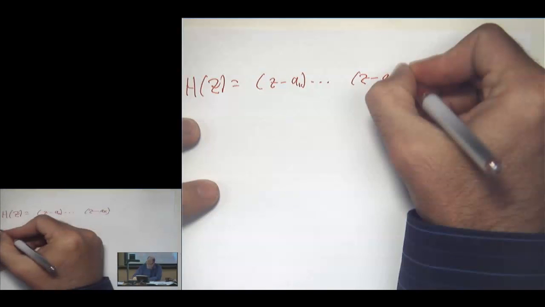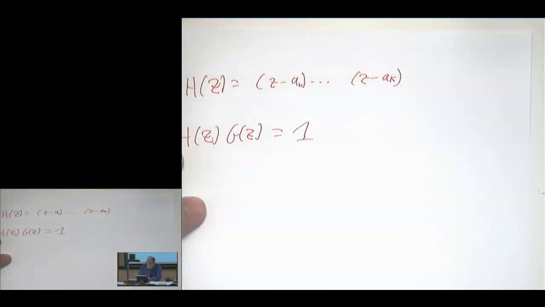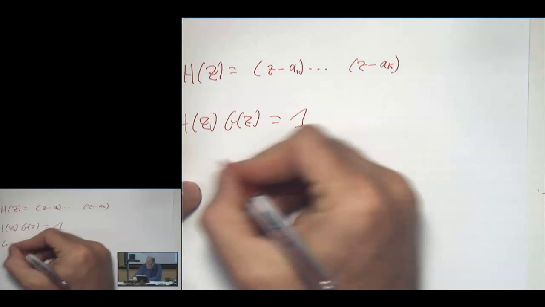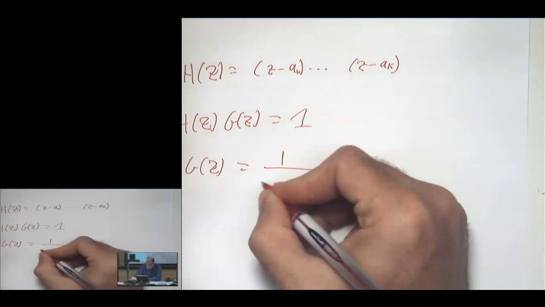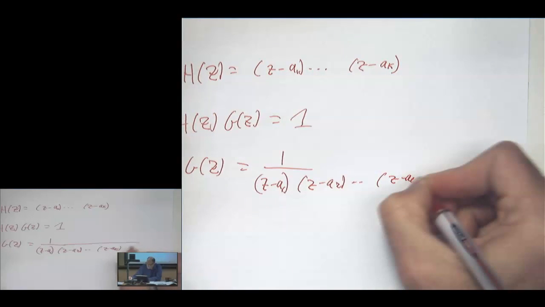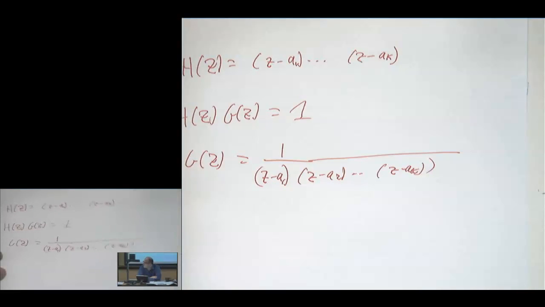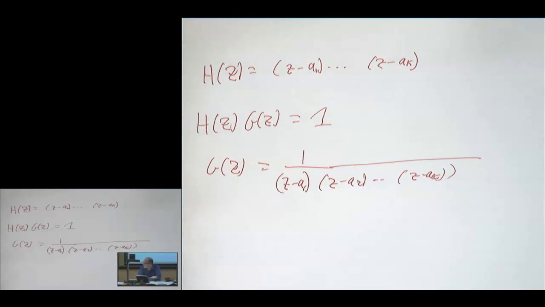And you want to find another filter such that h of z times g of z is equal to 1, which is basically what we're doing here. The ideal filter would be something that looks like g of z equals 1 over z minus a1, z minus a2, dot dot dot, z minus ak. And that's an IIR filter. It's poles. So if you convert that back into the time domain, it has an infinite impulse response. So that's the basic reason here.